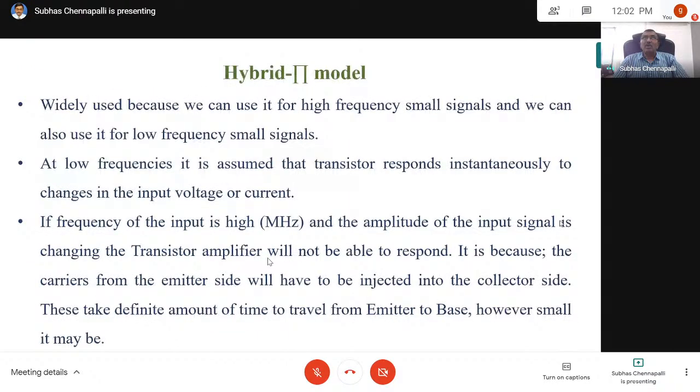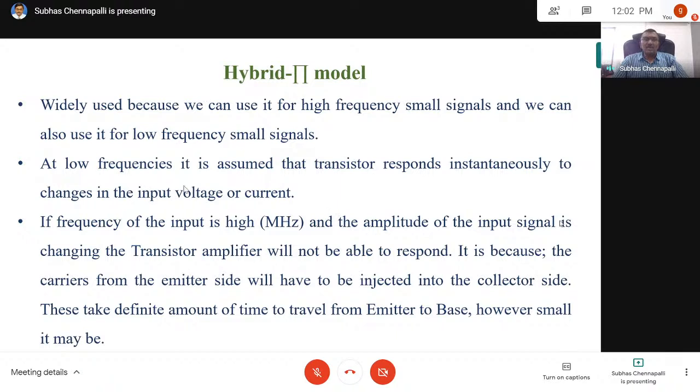Hybrid pi model. We have the hybrid pi model. We now see the low frequency analysis. After that, we will go to high frequency analysis. This is widely used because you can use it for high frequency small signal analysis, and you can also use it for low frequency analysis.